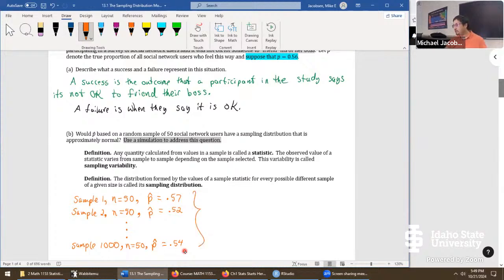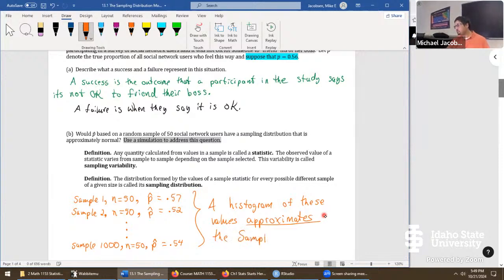So let's say a histogram of these values approximates, it's just an approximation, but it's a great approximation if you have a lot of samples to deal with. It approximates the sampling distribution of p hat.